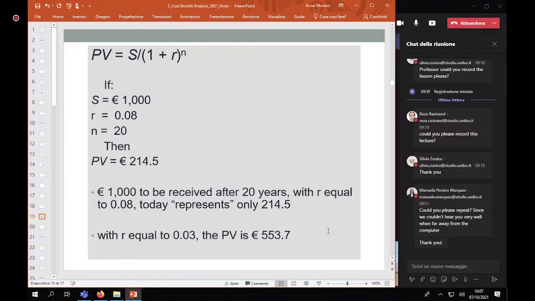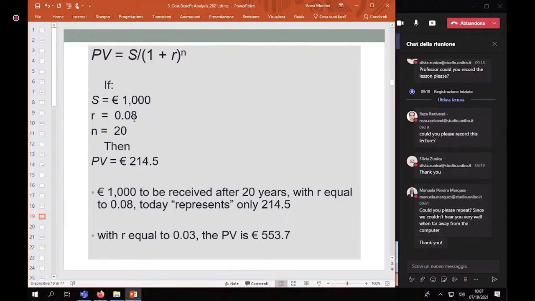And the choice of the discount rate will change my present value result. Because in this case, if I consider a discount rate equal to 8%, my present value is 214.